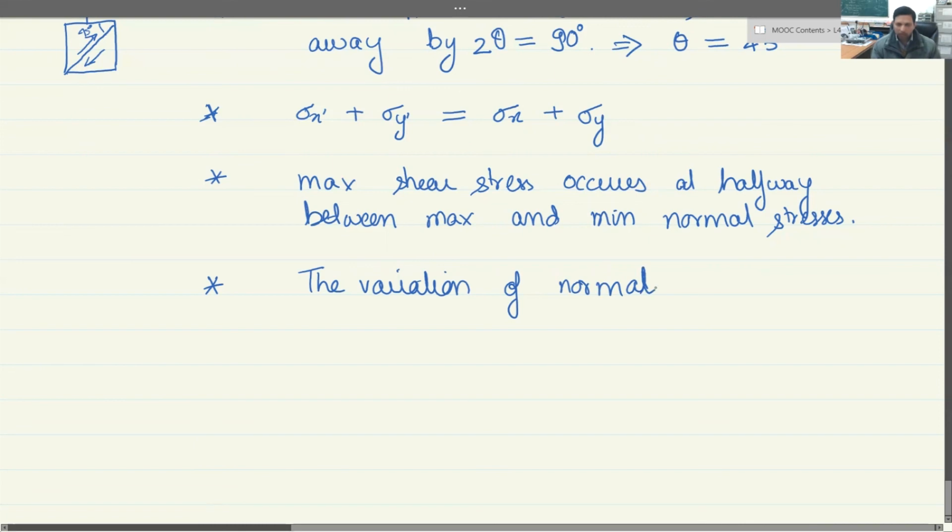So after 180 degrees, again, it will come back to its original position and follow the same path.